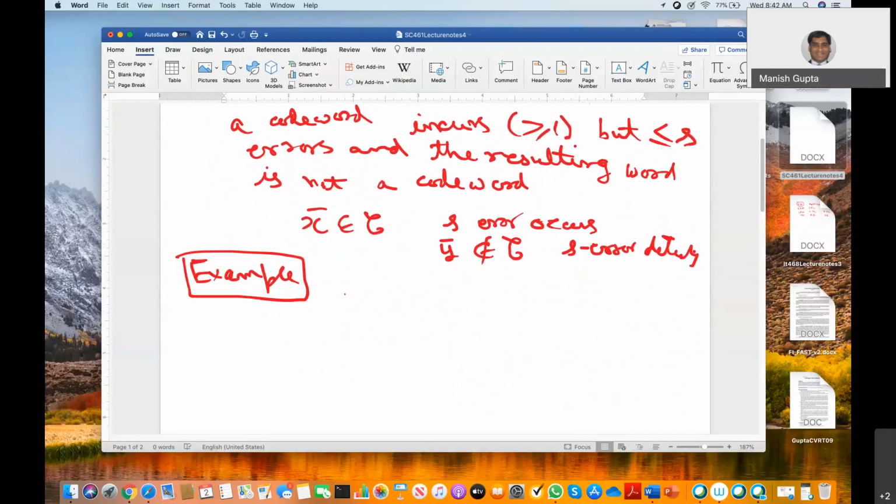Let C be a binary code I am taking: 00000, 11111. So you can see that it is a one error detecting code.